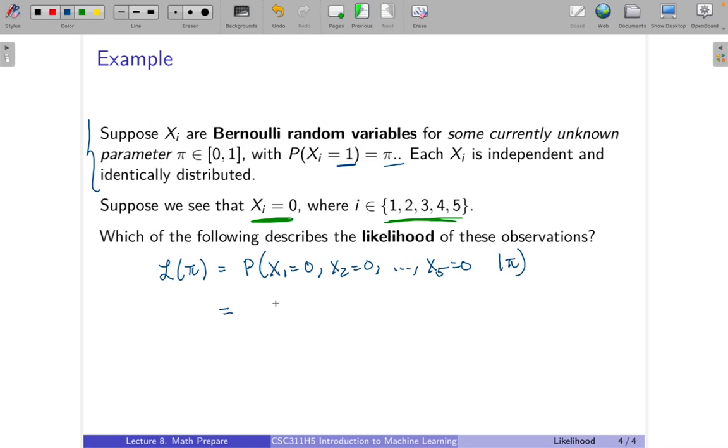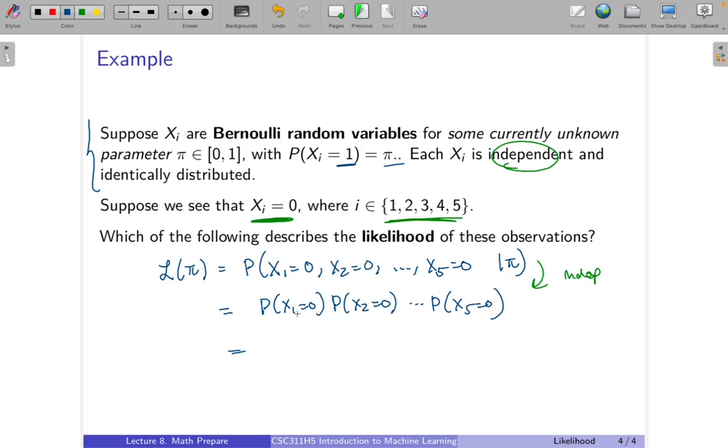I can decompose this into probability that x1 is equal to 0 times probability that x2 is equal to 0, and so on. And here, I was able to do this because of the independence rule.